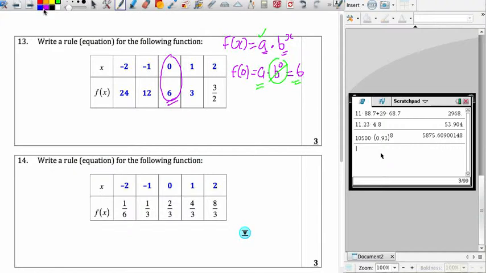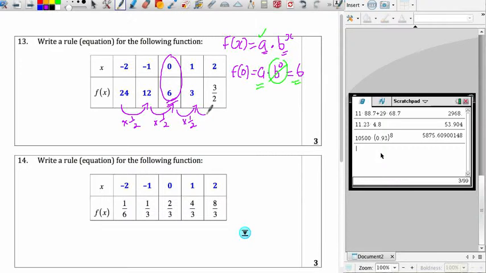The second thing we need to do is to be able to determine what the base is. And the way we're going to do that is starting from the left, the smallest number. If I go from 24 to 12, that requires that I multiply by 1/2 or divide by 2. From 12 to 6, I'm multiplying by half. From 6 to 3, I'm multiplying by half.